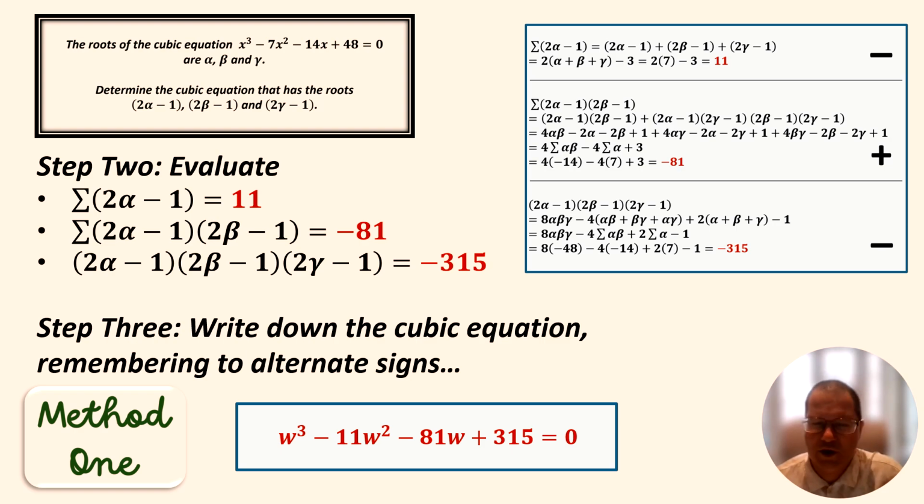So the first term is w cubed, the second term has minus 11w squared because we need a minus b over a, the next term is negative 81w because we need that positive c over a, and the final term is positive 315 because we got negative 315. Again, we're making it negative because it's negative d over a.